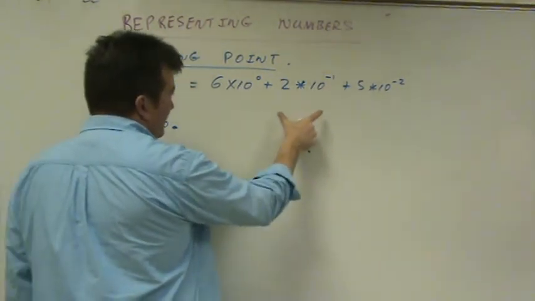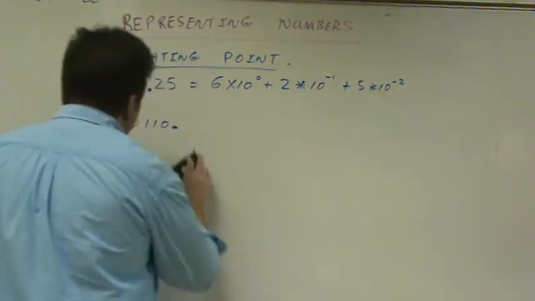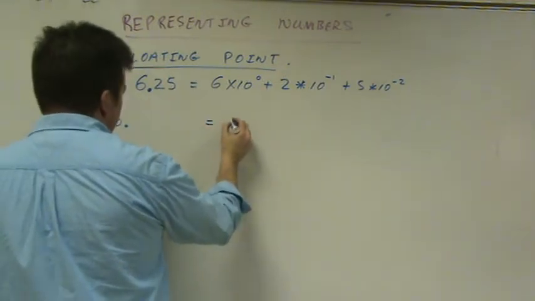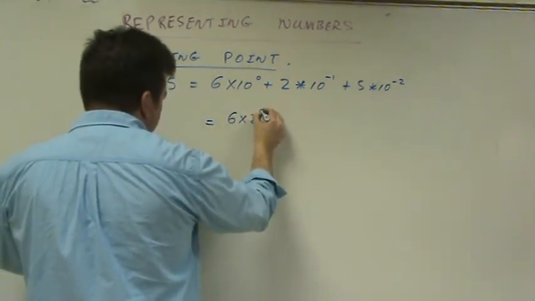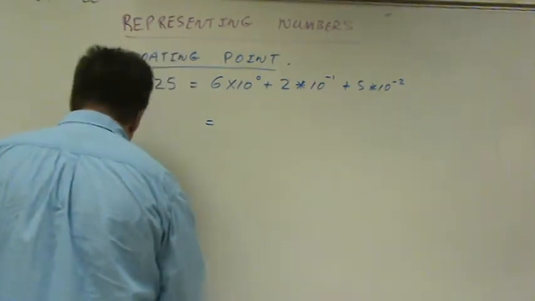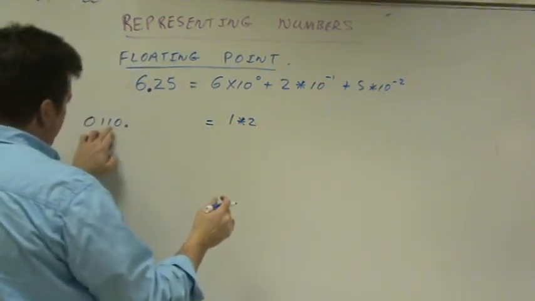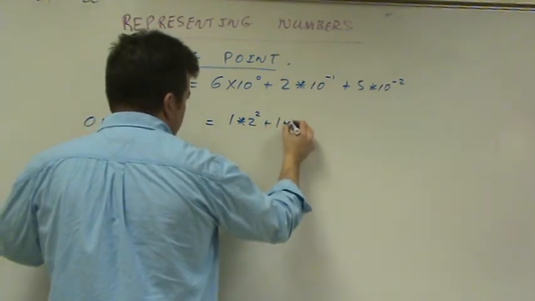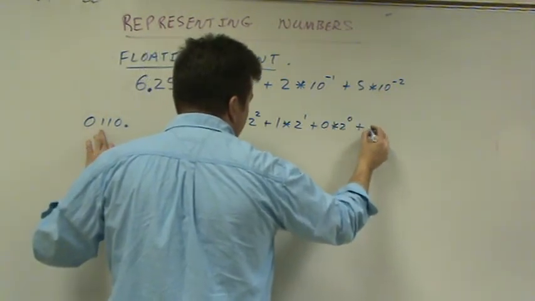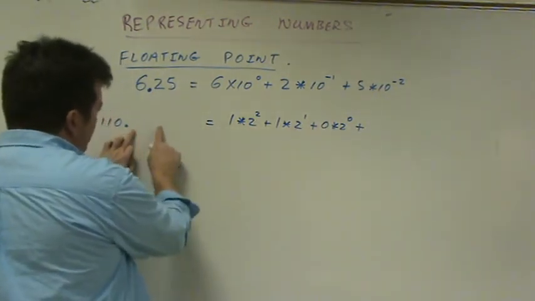Well, we could think of it like this. 0110 point is going to be equal to 1 times 2 to the 2, plus 1 times 2 to the 1, plus 0 times 2 to the 0, plus, keeping this pattern going, whatever shows up here.